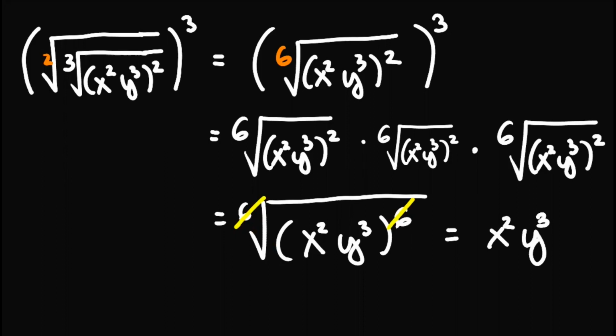And that is the final answer. So that is how we simplify radicals. So basically, we try to apply the laws of radicals that we previously discussed in the last video.